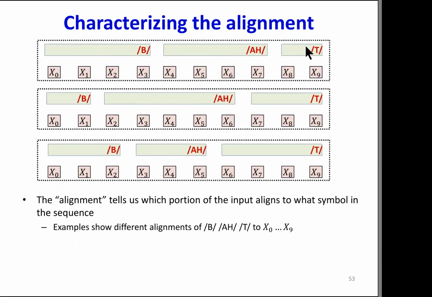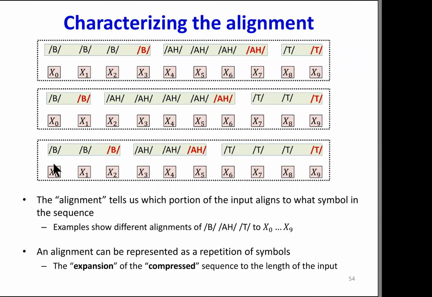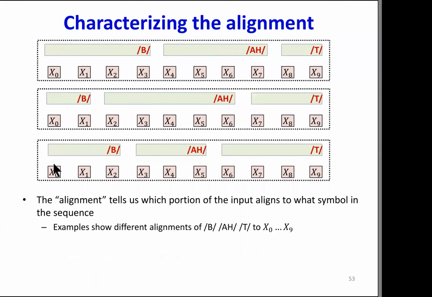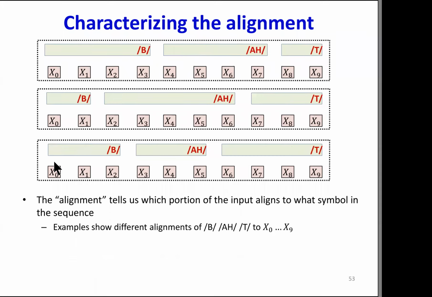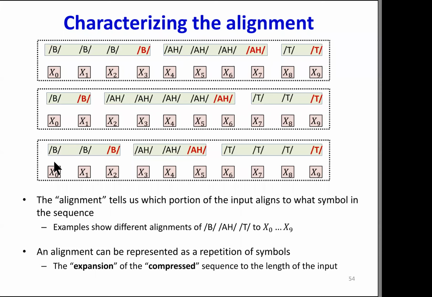Now, when I draw it this way, we can also see that this order synchronous output with an alignment actually corresponds to this time synchronous output. So do you guys see the relationship between these two, that these two are the same thing?